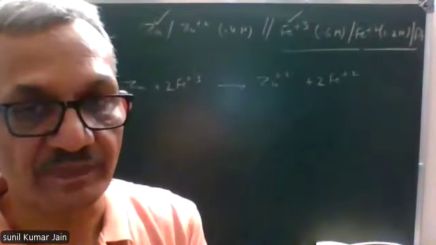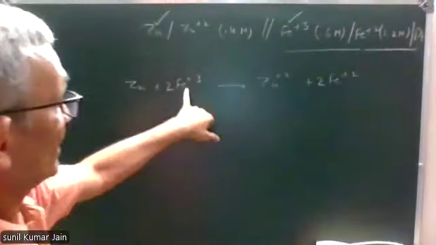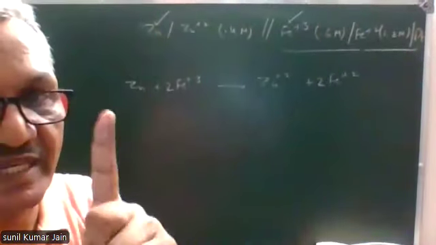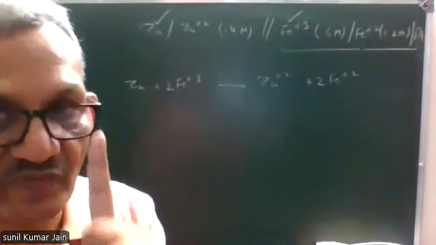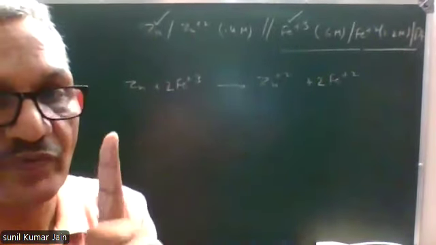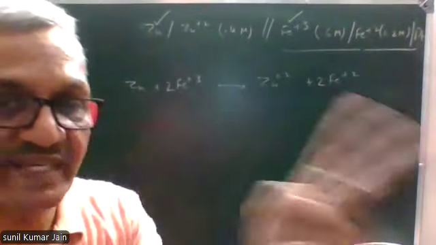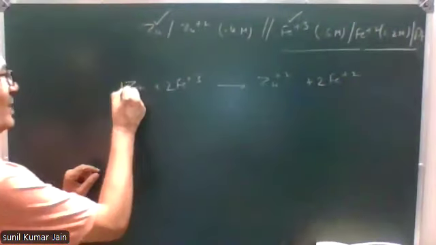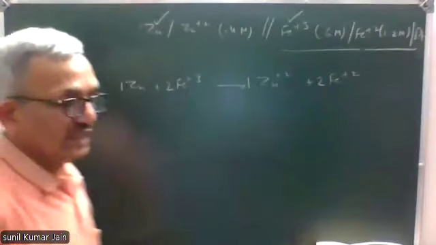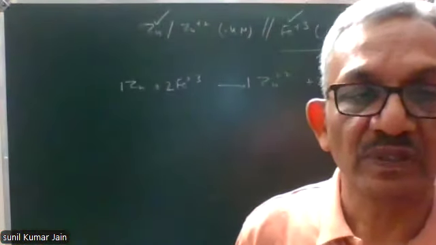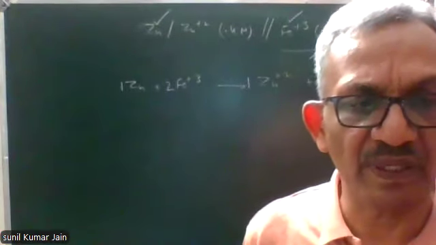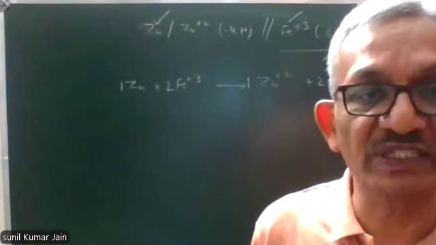And vice versa. Means what? In one iron, there's transfer of 1 electron. Therefore, 1 will be the stoichiometry for zinc on both the sides. 1 and 1. Now you can check. The equation is balanced in terms of number of atoms or ions and total charge.